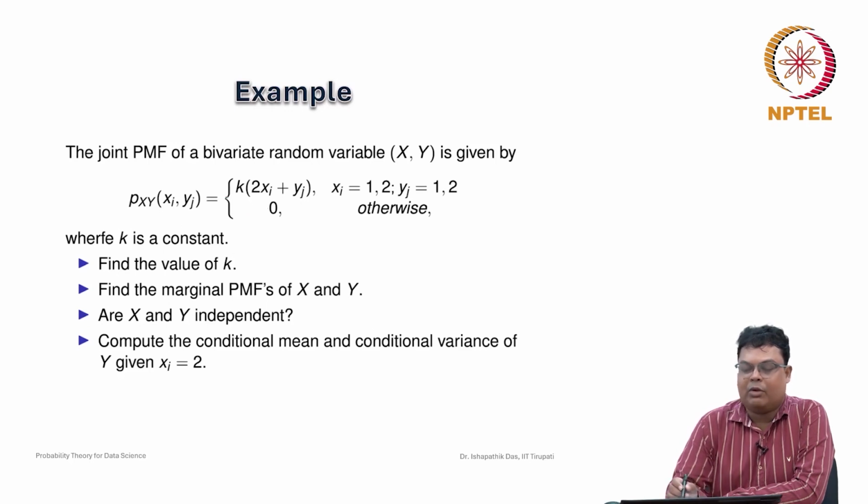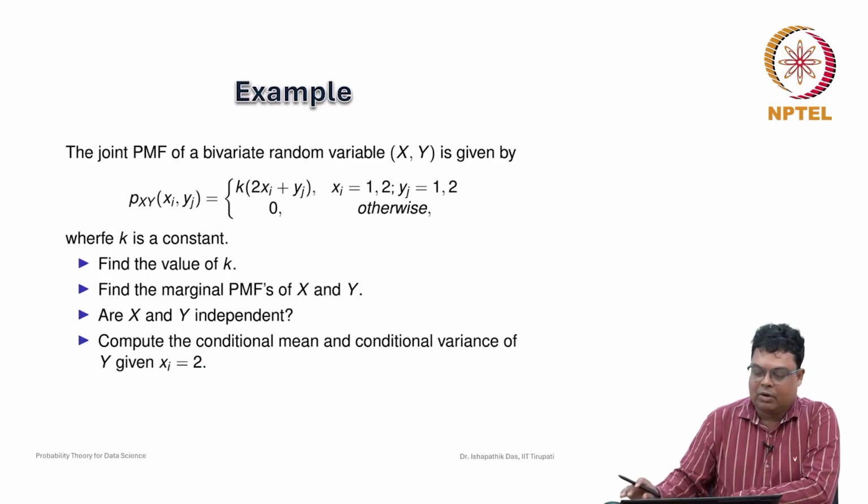This example we have already studied. Here we are repeating because we want to do some more problems related to computing the conditional mean and conditional variances. I remember that all these problems we have already done, so you can go back and check. We will do them here also. It may be repeated, but you will understand more clearly.